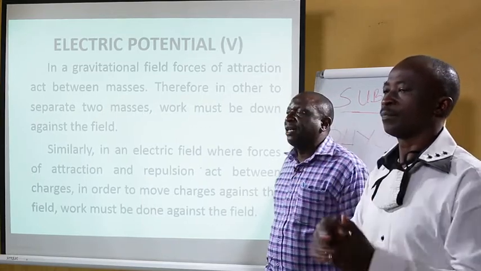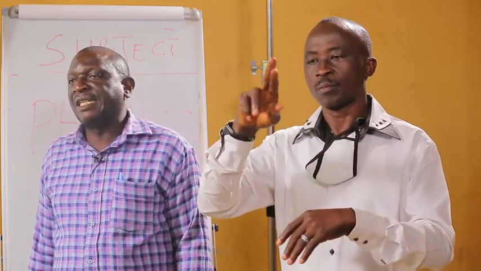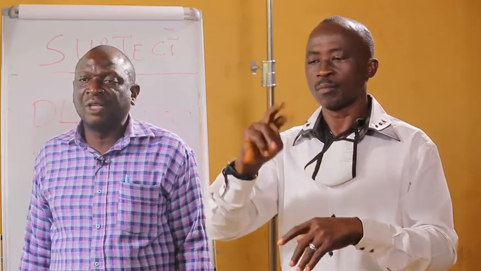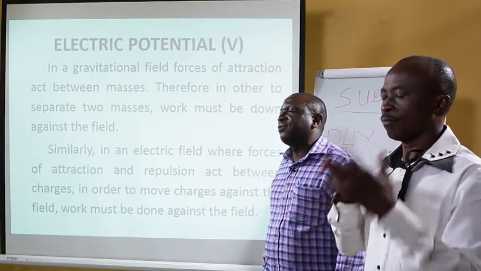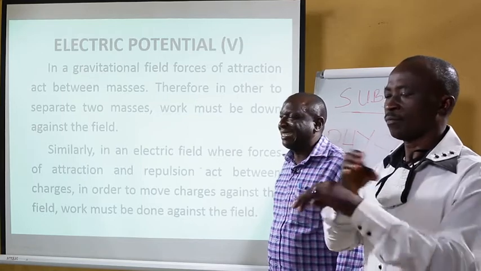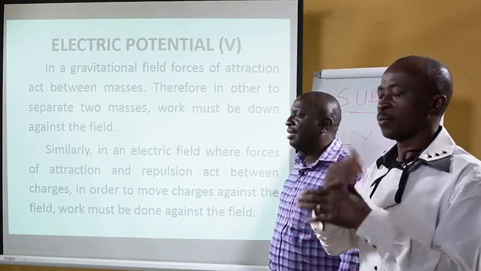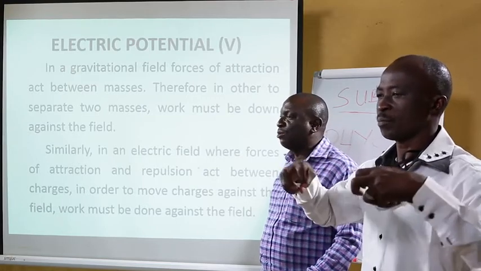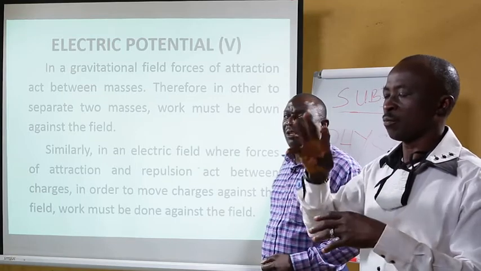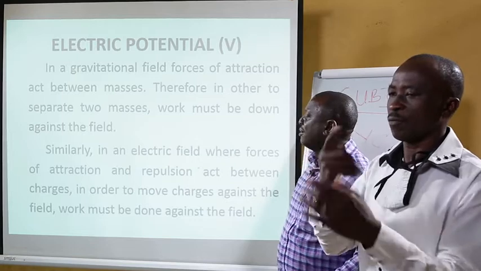Now, if you remember in our study on gravitational field, we said in gravitational field we have only forces of attraction. And these forces of attraction act between masses. Therefore, to separate any two masses, work must be done against the field.